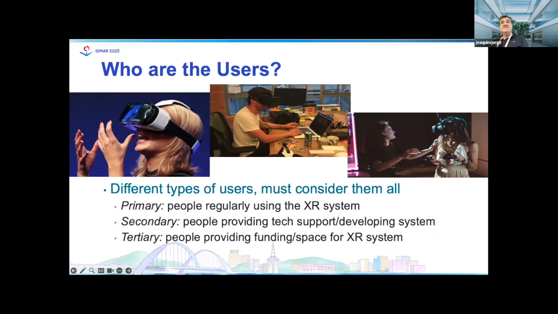And the tertiary people are usually the ones paying for the equipment. Sometimes it's not necessarily the boss who approves the purchasing decisions. Sometimes you can have one person doing all three roles, including self-help.